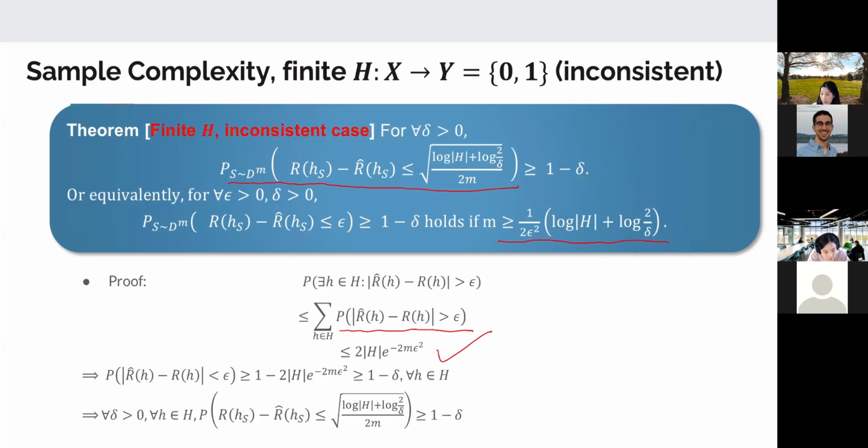Again, like I said, the probability that there exists a hypothesis whose generalization gap is greater than epsilon has a complementary event, which is that for every h, the generalization gap is smaller than epsilon. That's why it is 1 minus this term here. Does this make sense?